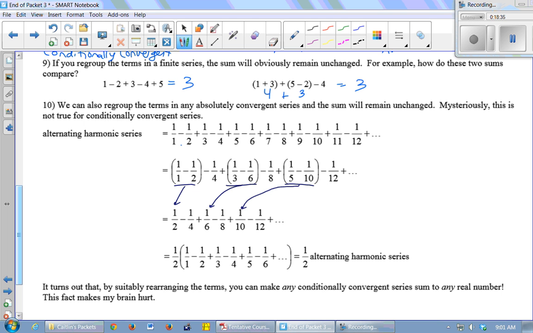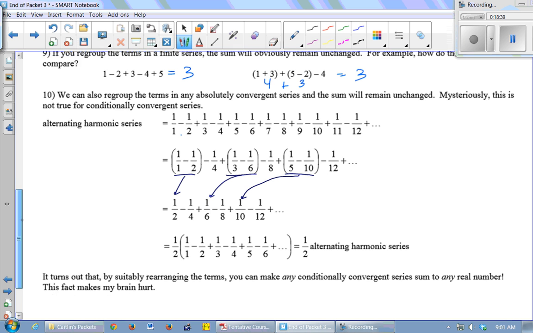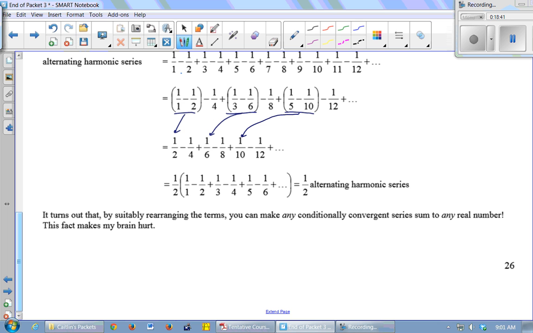So then I have a half minus a fourth plus a sixth minus an eighth plus a 10th minus a 12th. I can factor 1/2 out of every term there. When I factor a half out, this half becomes a 1, that becomes a half, that becomes a third. And I have 1 minus a half plus a third minus a fourth plus a fifth minus a sixth. I have another alternating harmonic series. This is the series I started with.